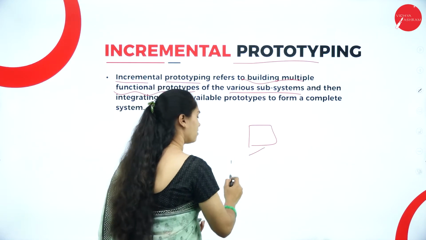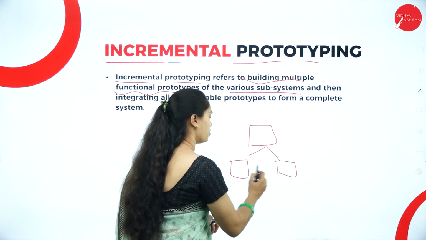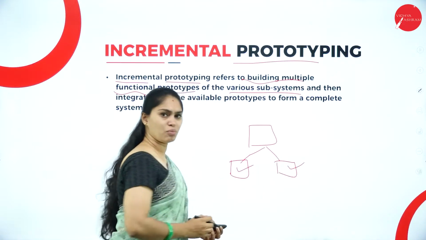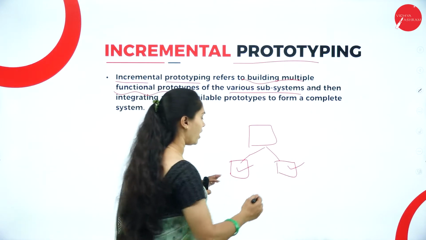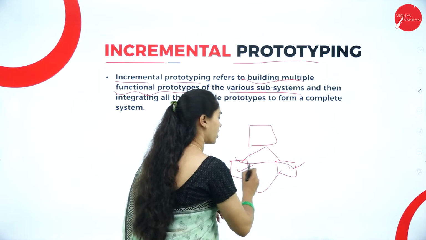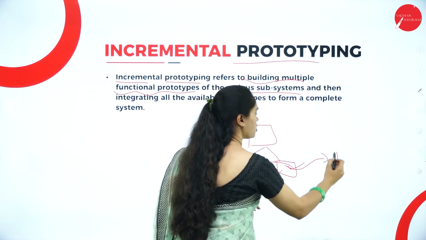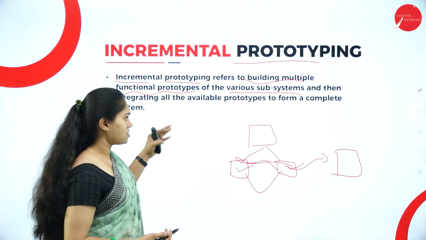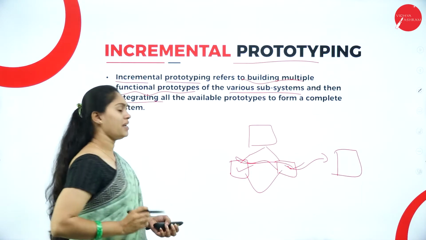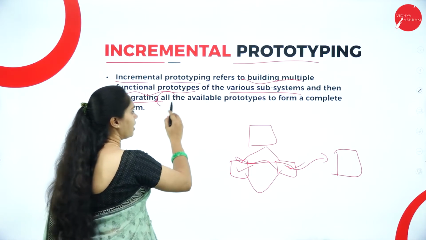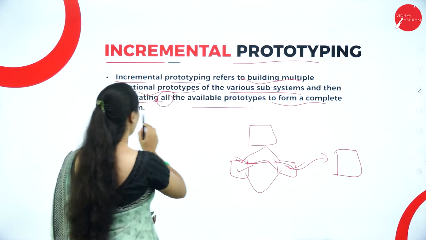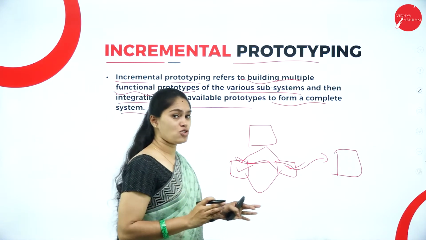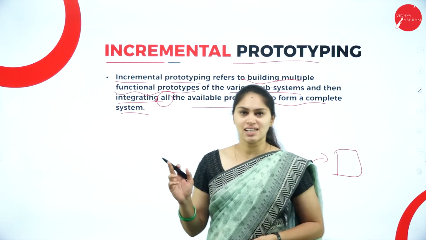Instead, they are dividing it into a number of subsystems or sub problems, and building a prototype for all the submodels. Whenever it is required, they integrate all of these together to get a solution for the problem, and make a complete system by integrating all the available prototypes. This is the difference between evolutionary and incremental.